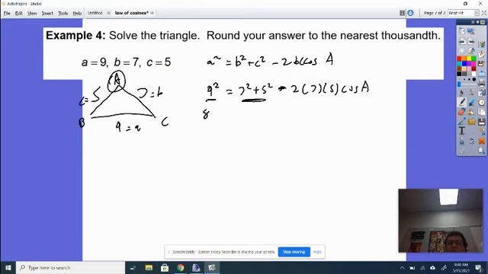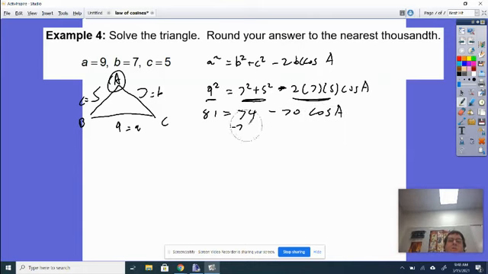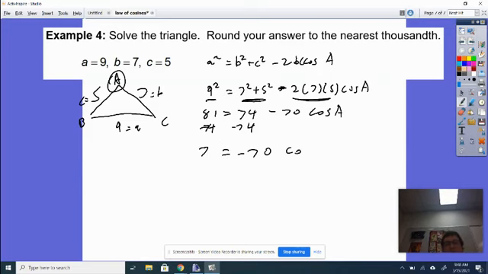Okay, 81 equals, it's going to be 49 plus 25, so it should be 74 minus 70 cosine of A. Again, remember, do not combine this 74 and this 70. We're going to subtract the 74, or get positive 7, equals negative 70 cosine of A. Divide by that negative 70, divide by that negative 70.